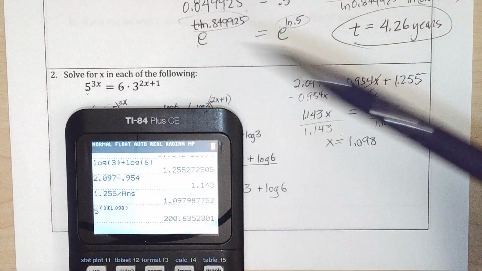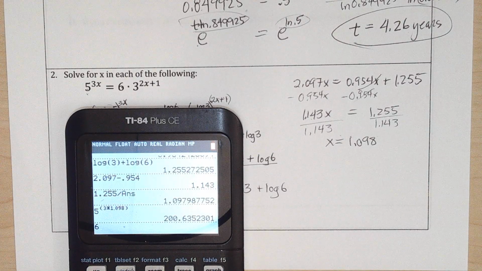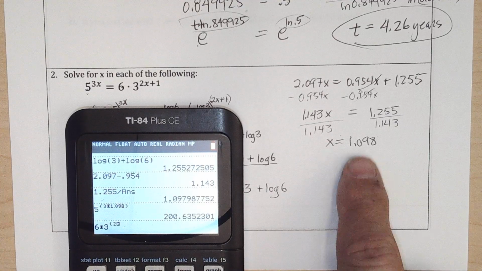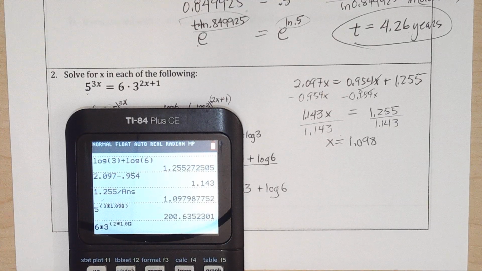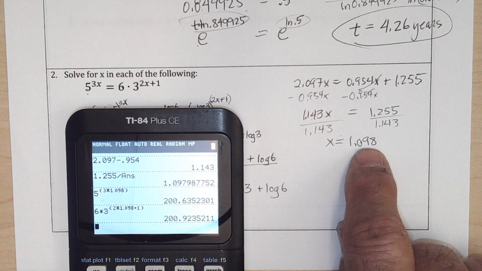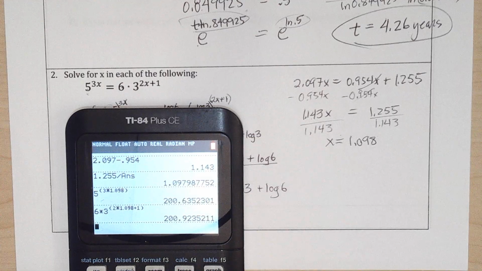I should get just the same thing on this side. 6 times 3 to the power, parenthesis, 2 times my x, 1.098, plus 1, close parenthesis. That should be close to that same number if I've got the right answer. Barring the rounding, they are very close. So that is close to the correct answer.